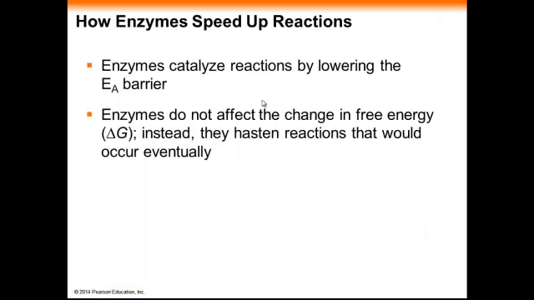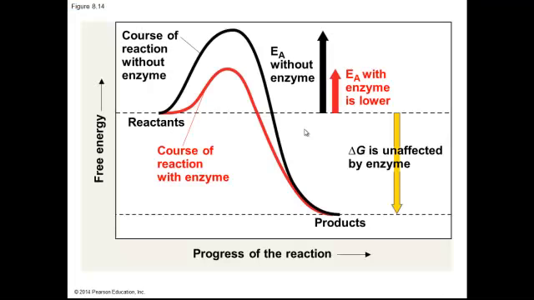So what enzymes do is they catalyze reactions by lowering this energy of activation. They don't affect free energy at all, but they lower the activation energy barrier and make reactions go faster or facilitate them. Here's what that would look like on a similar graph.